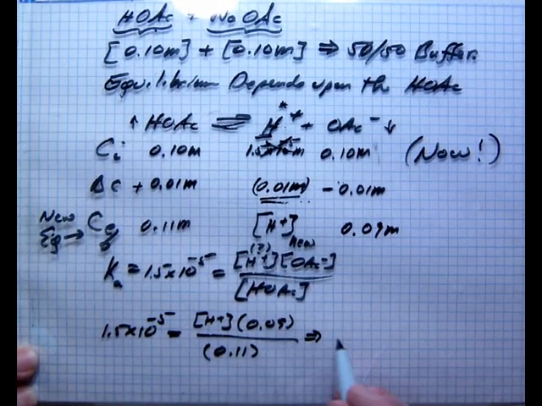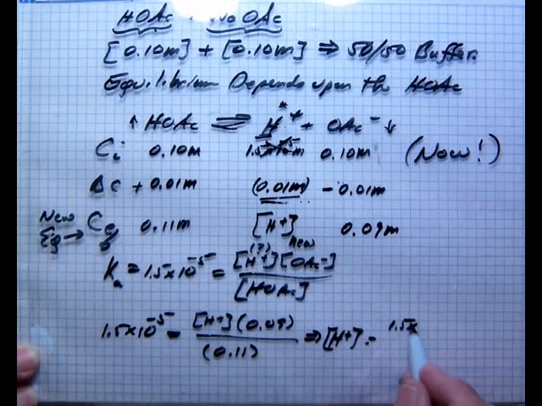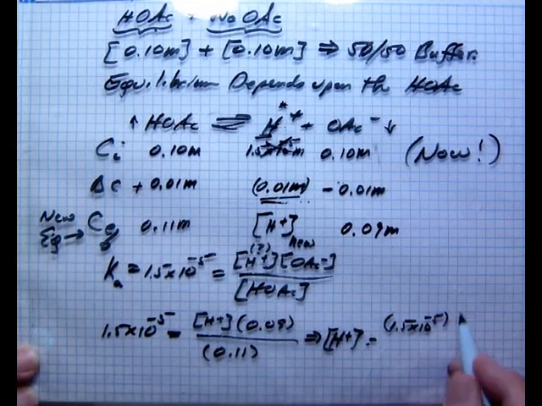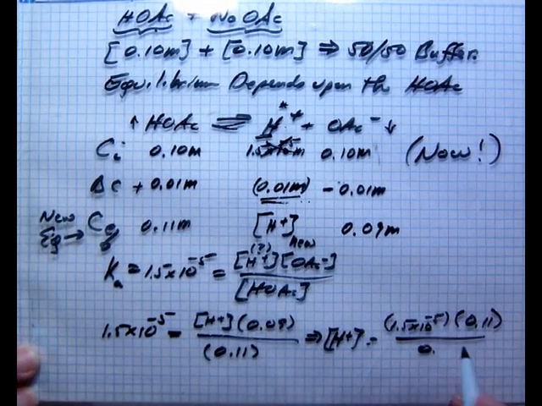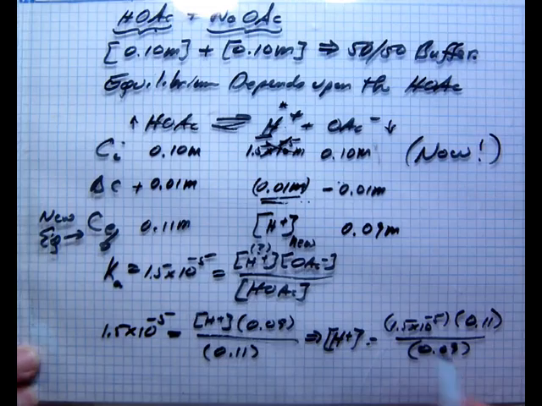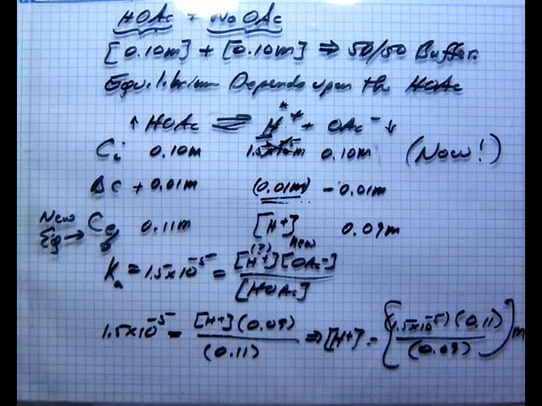And then we'll solve for the hydronium ion: 1.5 times 10 to the minus 5 times 0.11 divided by 0.09, and that'll give me a new molar concentration of the hydronium. If you can't see this, it says 1.83 times 10 to the minus 5 is our new hydronium ion concentration.